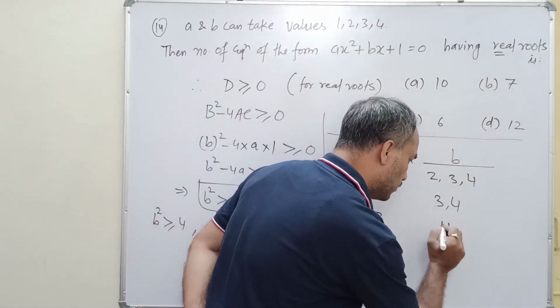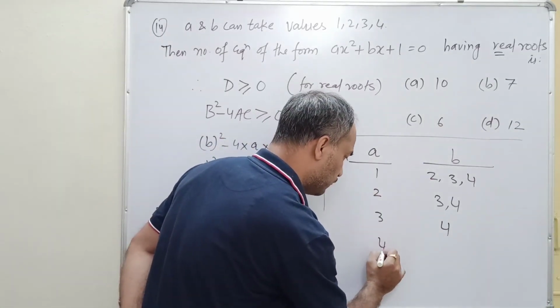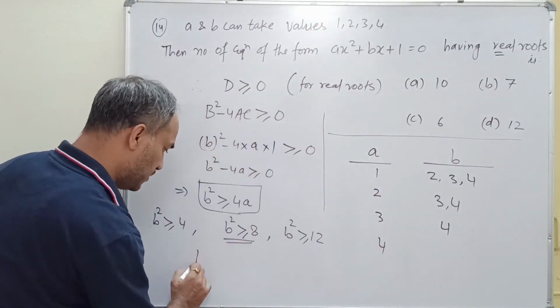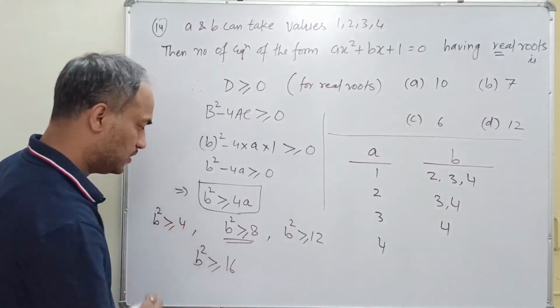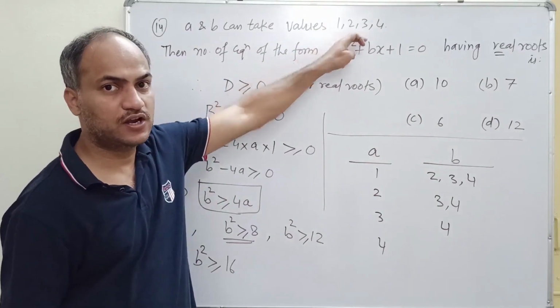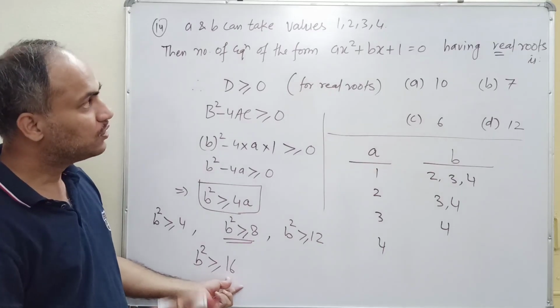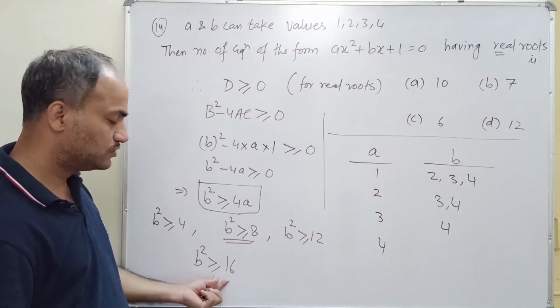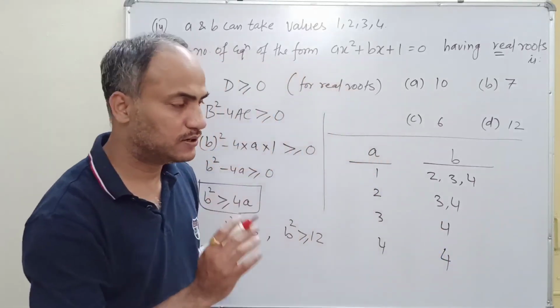Now similarly when we put a is equal to 4 here, we get b square is greater or equal to 4 4s are 16. For this condition, the squares of 1, 2, 3 are less than 16. Only 4 square is equal to 16, so only this value is possible.